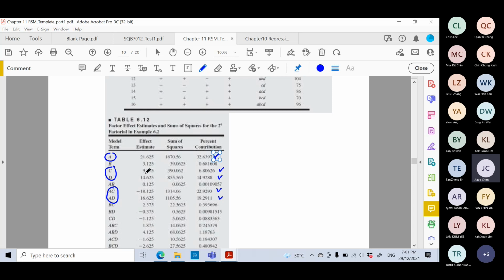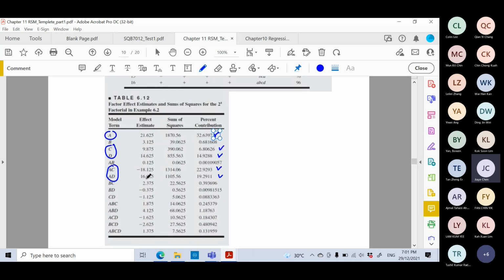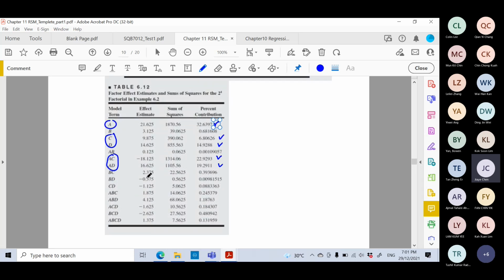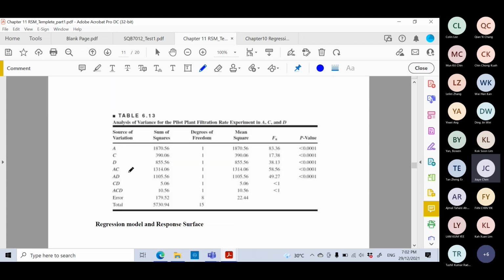Okay, in the following one, we will use the result from the example in Table 6.13.